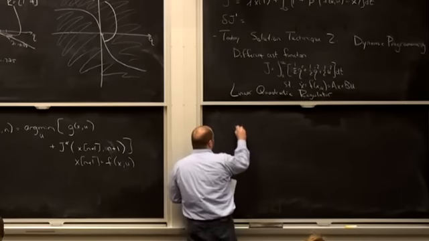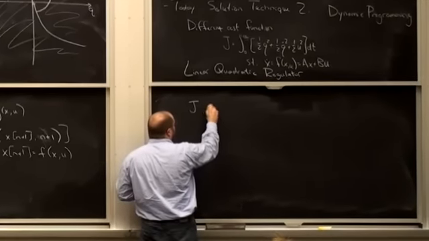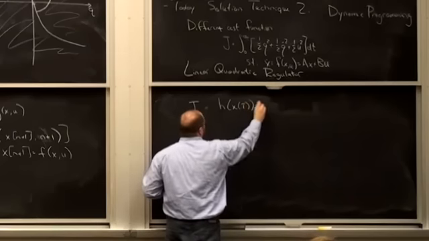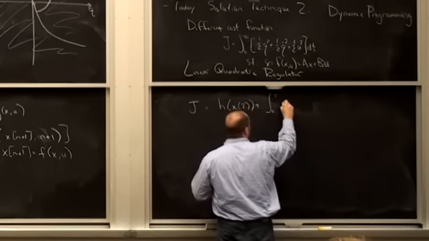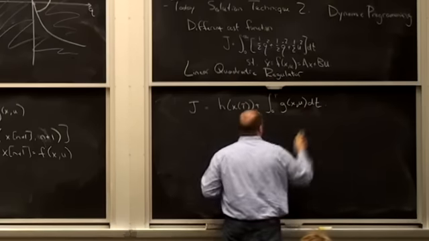Okay, now we've got our cost function again: h of x at capital T plus the integral from 0 to T of g of x, u dt.